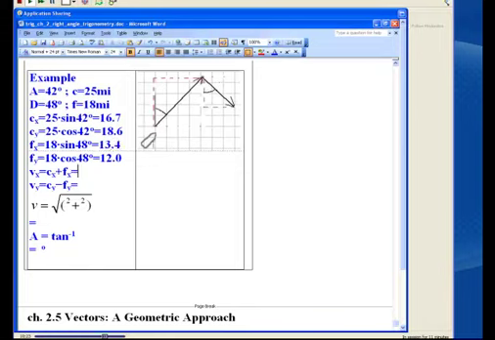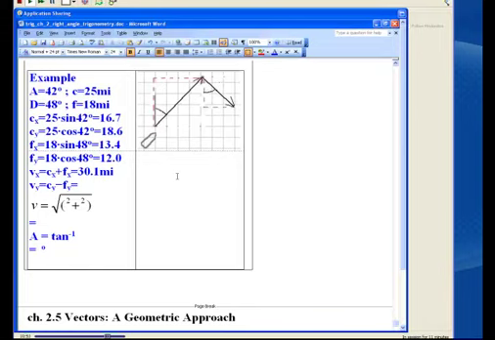Then we add the x components, so we're going to add 16.7 plus 13.4, and obviously we're coming up with 30.1 miles. Now I have space to put the units in. And then in the y component, the boat travels 18.6 miles, but then it actually travels back 12.0 miles.